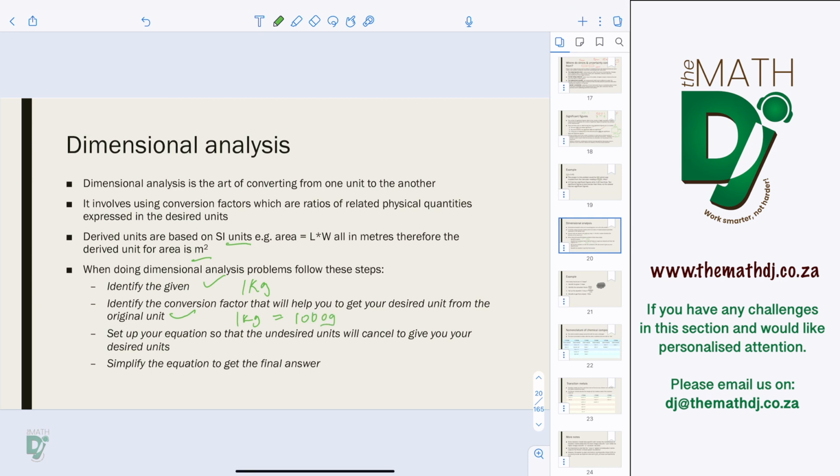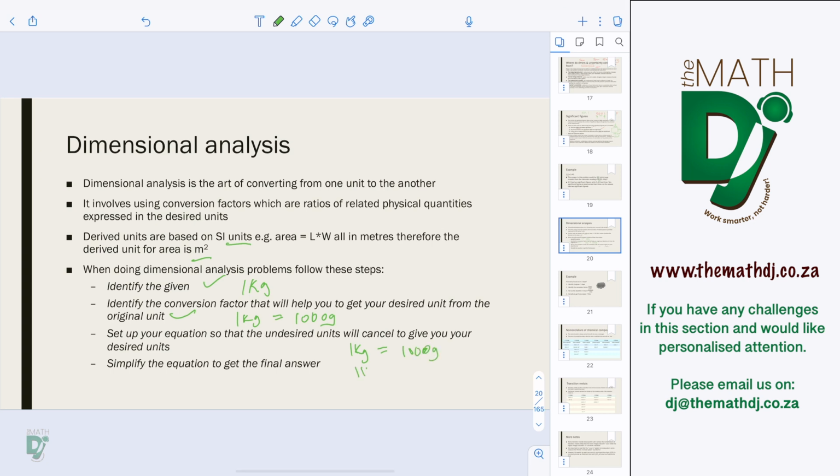Then set up your equation so that the undesired unit will cancel to give your desired unit. So the equation is 1 kg is equal to 1000 grams.